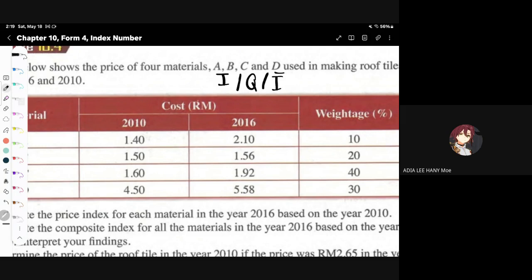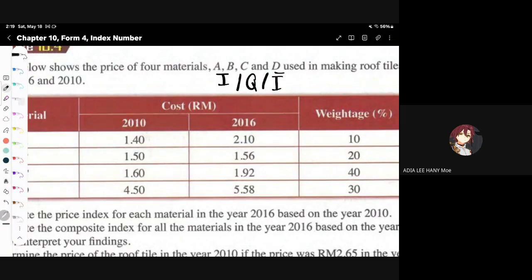Just now I taught it. Yes, it is Q. So for cost, it is Q.